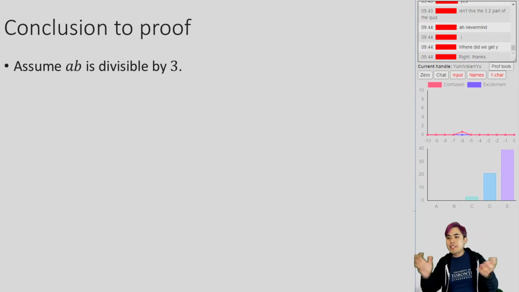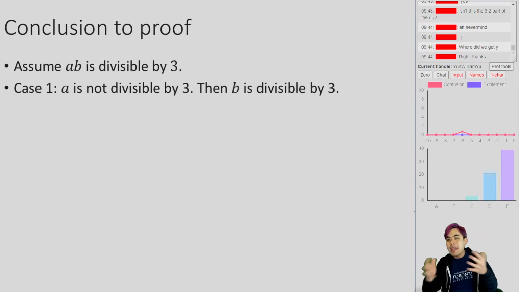So the basic idea is if we assume that AB is divisible by 3, then in case 1, A is not divisible by 3, then B is divisible by 3. What would case 2 be? If case 1 is we're going to assume A is not divisible by 3, what would be the other case? What's remaining?